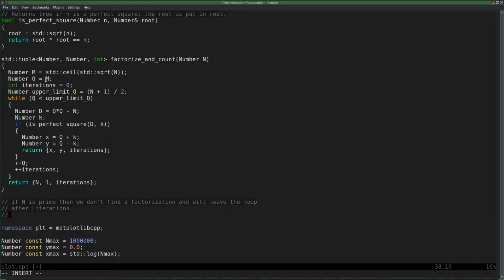Well, we begin with m. If the upper limit was m plus 1, then we do the following. Q is less than m plus 1, yes, because Q is m. So then we do plus 1 iterations, and then Q equals m plus 1, and it's no longer true. So the number of iterations is upper limit minus m.